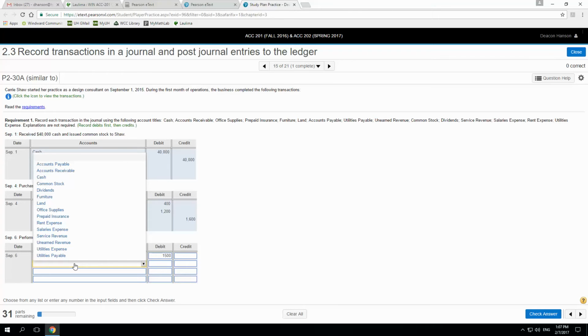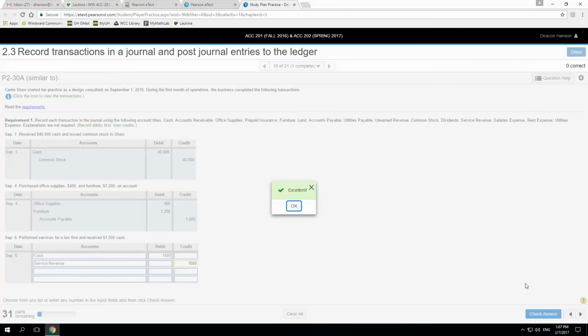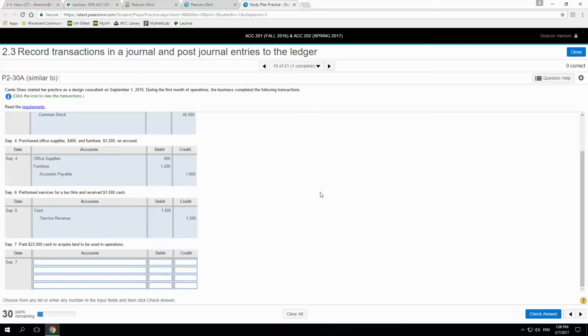It says that they're a design consultant business. Okay, so they perform these design consulting services, and they have service revenue. Okay, because they perform the services, they earn the revenue. Yeah, they delivered the service, so they get to record revenue. Whether they collect cash or not, they have earned revenue.